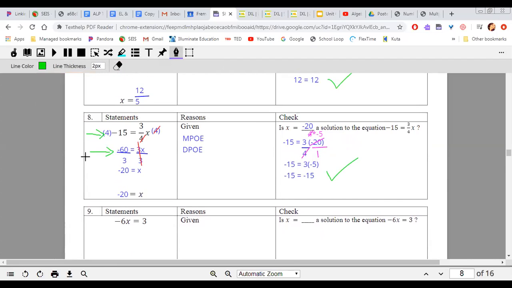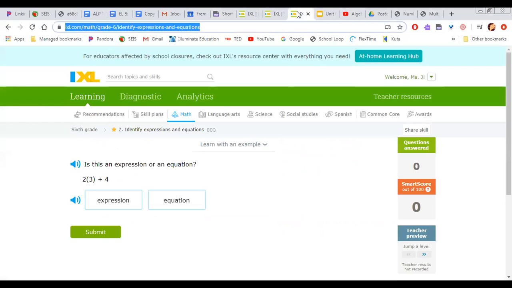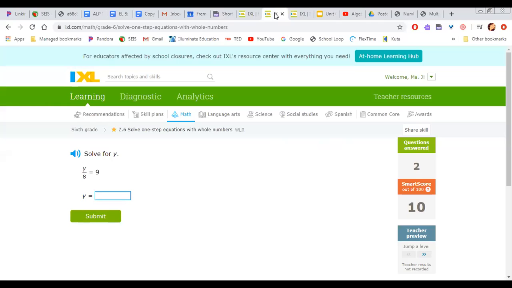Before I move on to that, I want to remind us about the IXL. When you complete these IXLs, you get points for them and they count for your 15 minutes. So Z.6, solve one-step equations with whole numbers. That's what we're doing here.